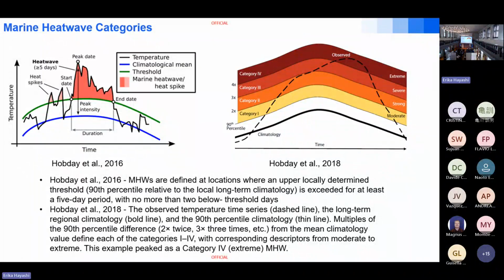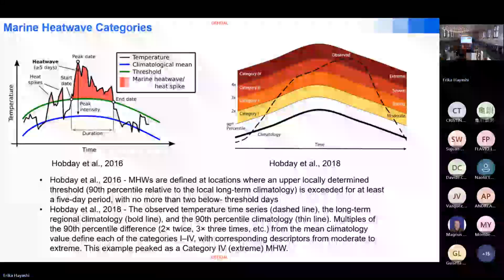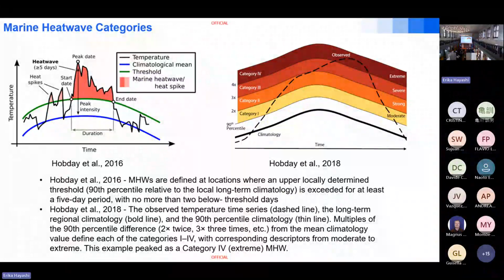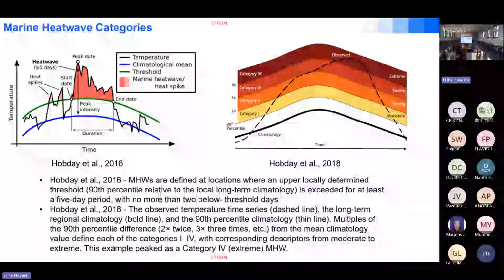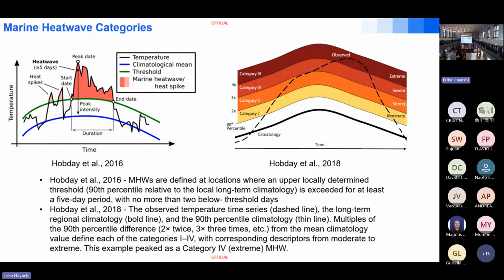And in 2018, the same group came up with categorization of the marine heatwave. So we look at the 90th percentile and the mean climatology difference, and then the multiples of that difference. If it is twice, then it is in category 2, category 3, and that sort of thing. So we are using this definition in our condition.